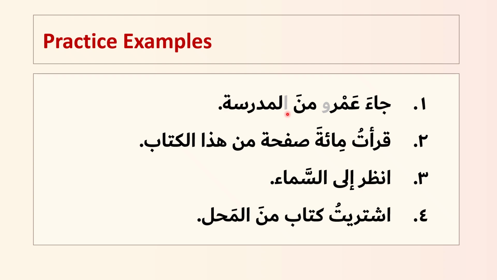As long as it's in the middle of a sentence, the hamzat wasl here will be silent. So this sentence will be read جاء عمرو من المدرسة. Try to guess the silent letters in the second sentence.